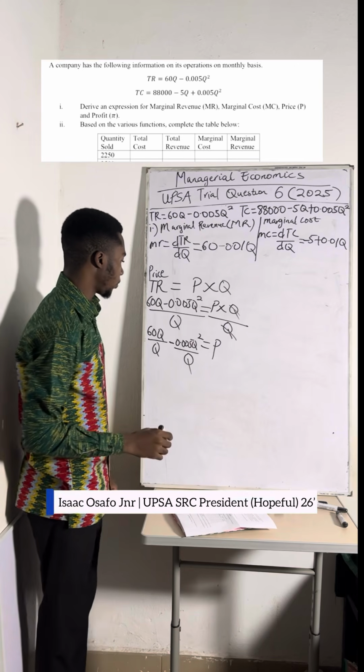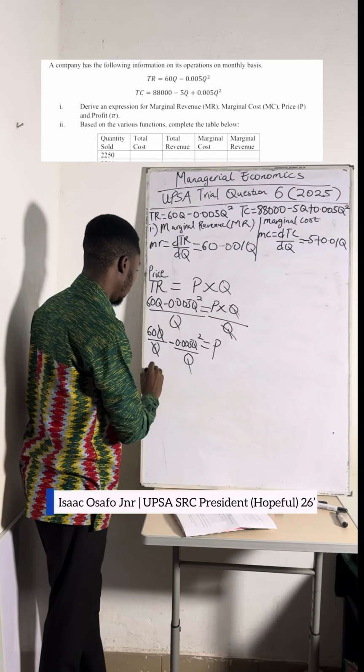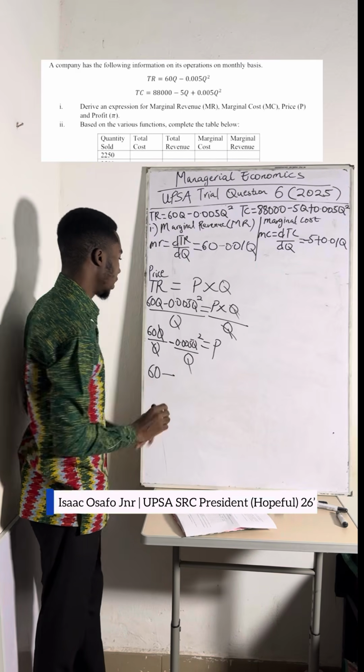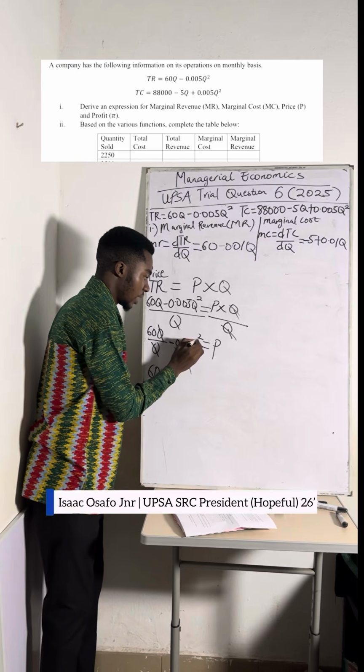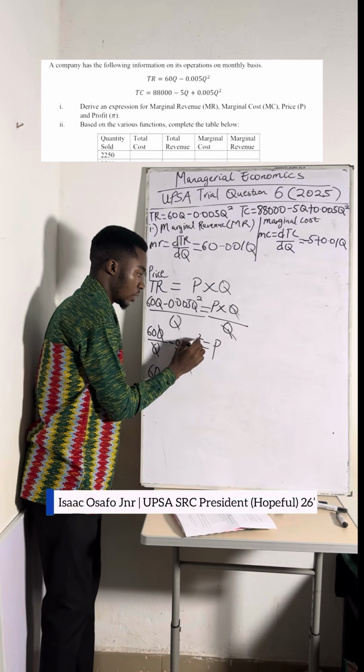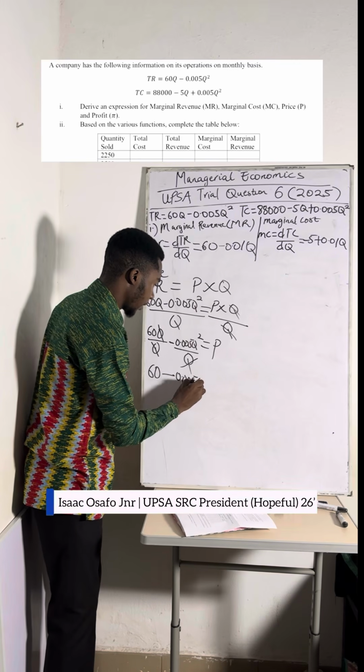Do you get it? So now here Q will cancel Q. So you are getting 60. Then minus 0.005Q squared. This Q will cancel one of the Qs that are here, so we are left with only one Q. You get it? So it's going to be 0.005Q.